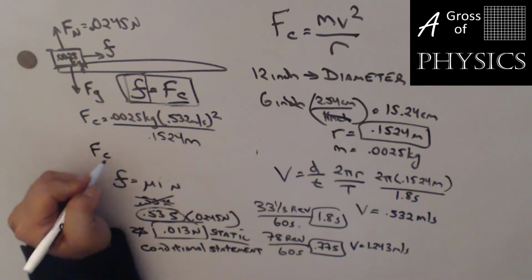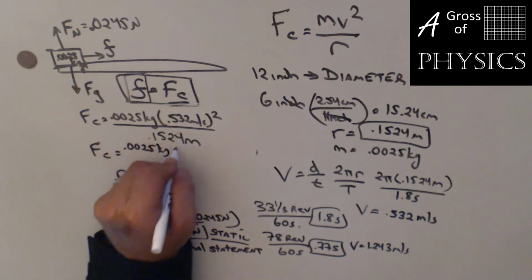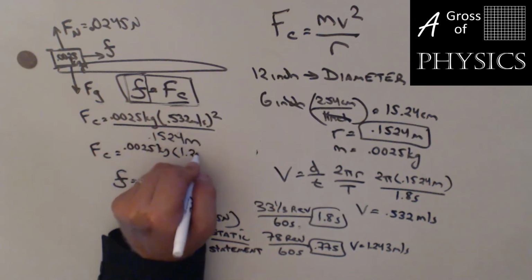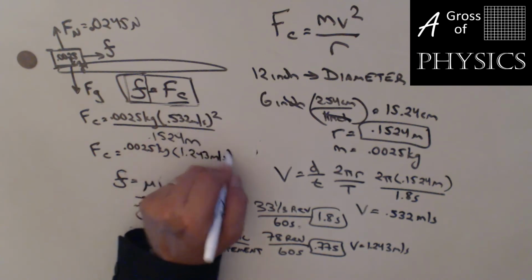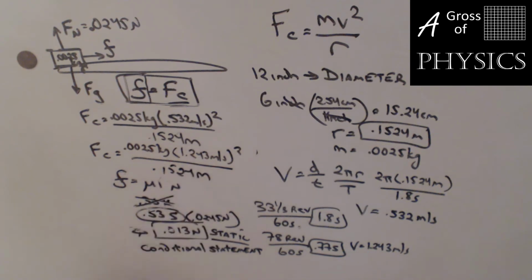And I'm going to do the same for the other one, 0.0025 kilograms times 1.243, all of it squared, over 0.1524 meters.